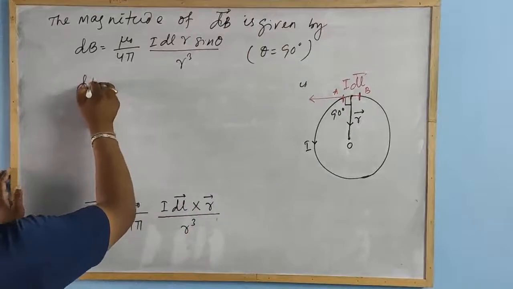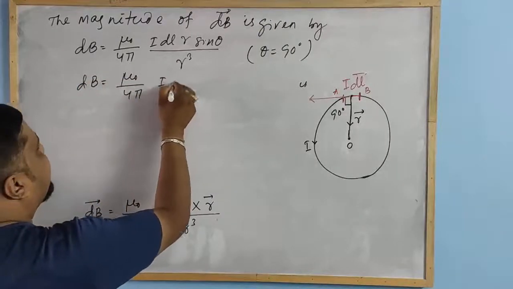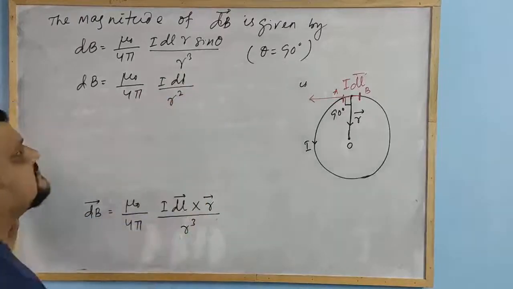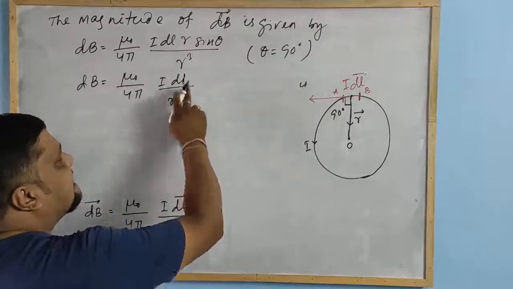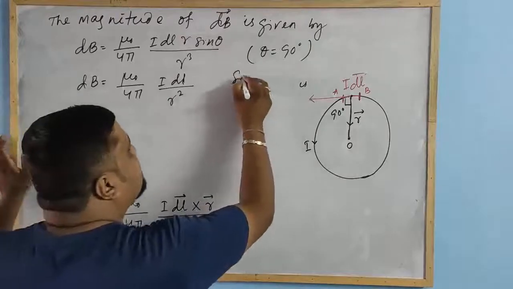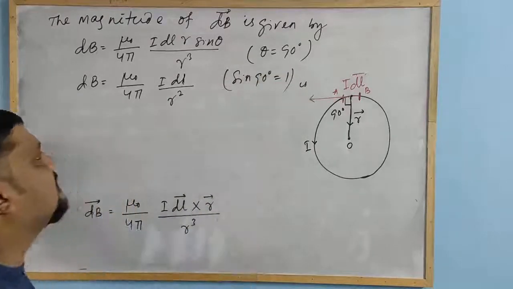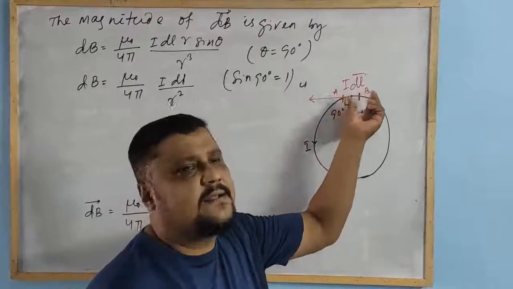So dB equals mu naught by 4 pi, I dl by r square, because one r gets cancelled and sin 90 is 1. This is the magnetic field for the small element I dl.